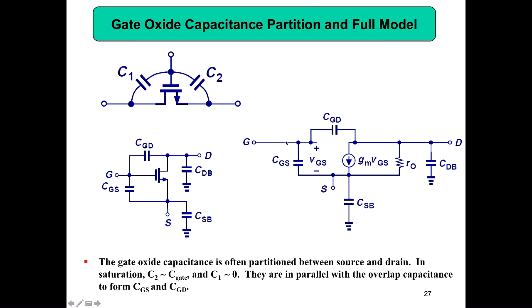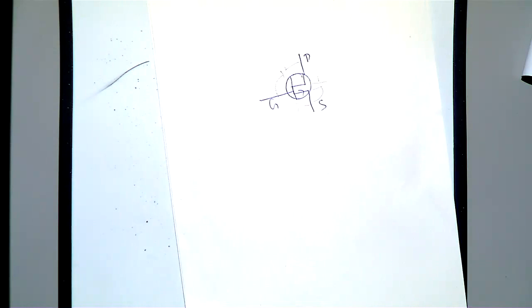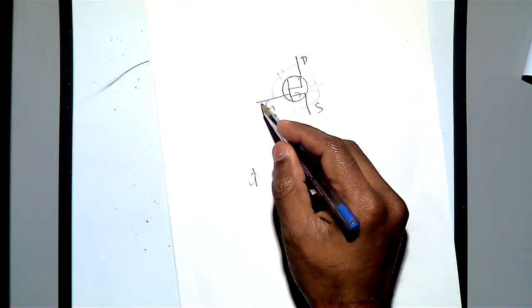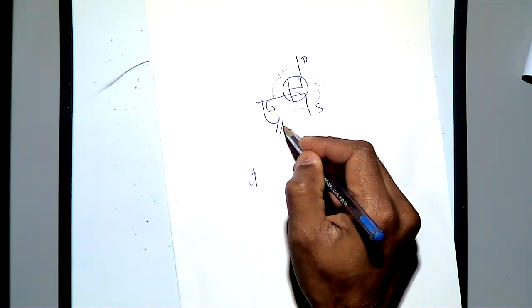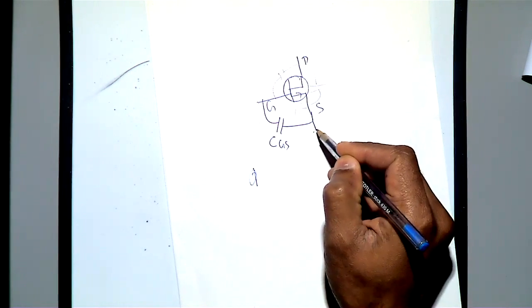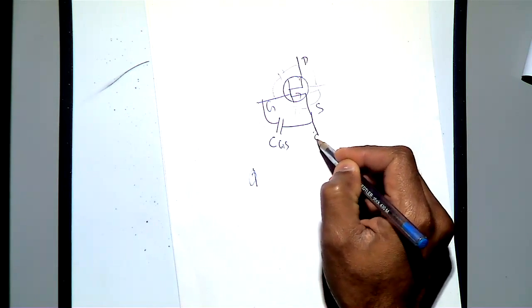So when you draw the small signal model, the capacitor between this point and the source, see, this point and this source. Maybe you can draw together, it's not that complicated. So you have the MOS. Here you have a capacitor called CGS, and this is the source.